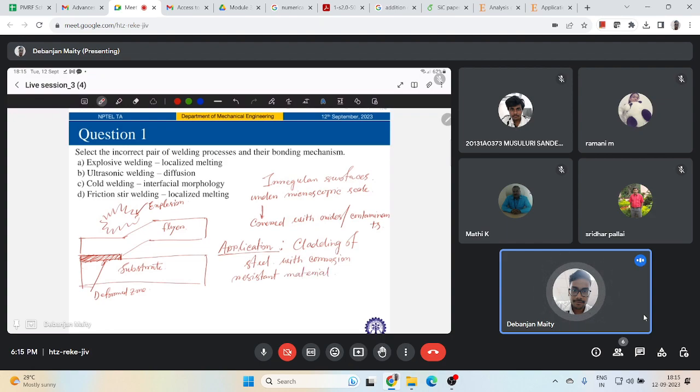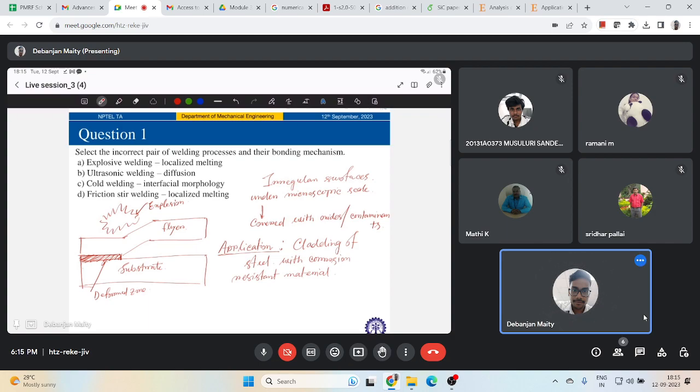During that time, you can use explosive welding. Now, during explosion on the flyer plate, a high pressure pulse is generated, right? And this pulse propels the flyer plate at a very high velocity.